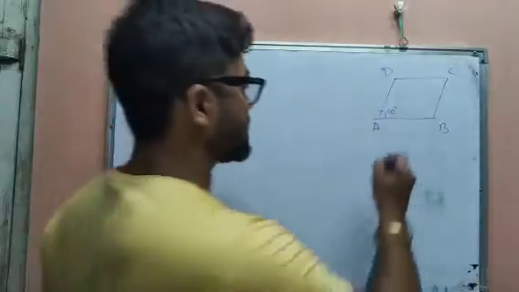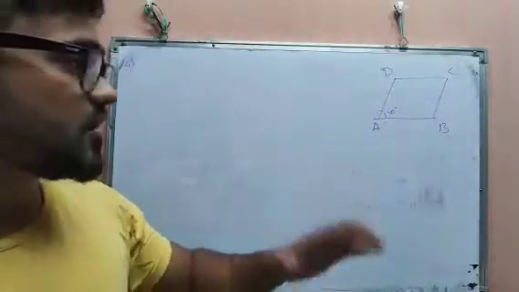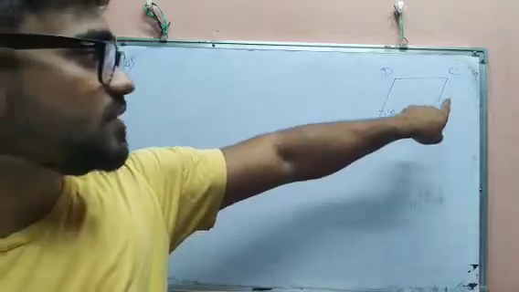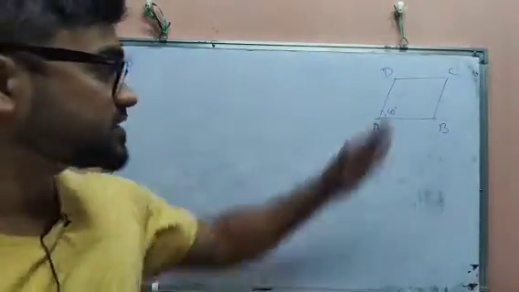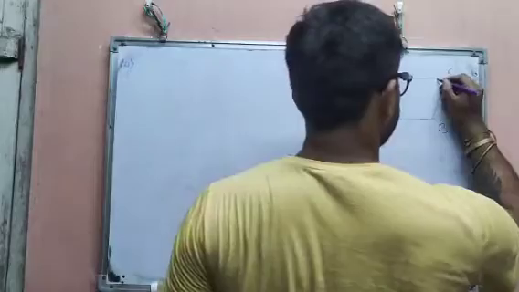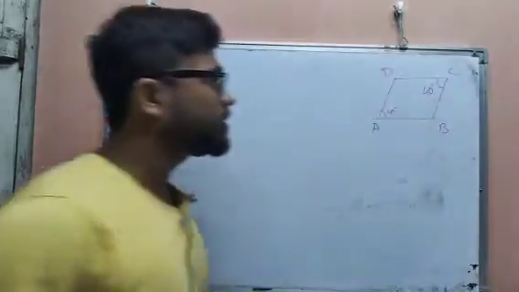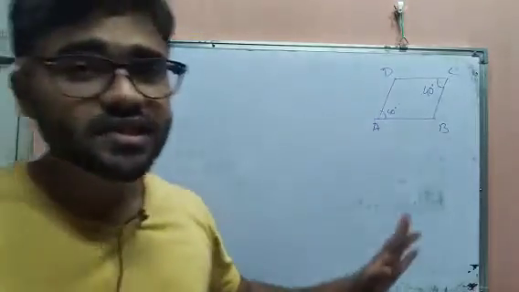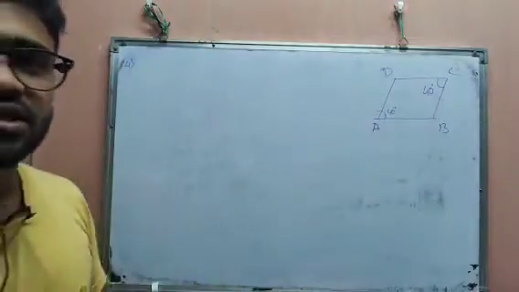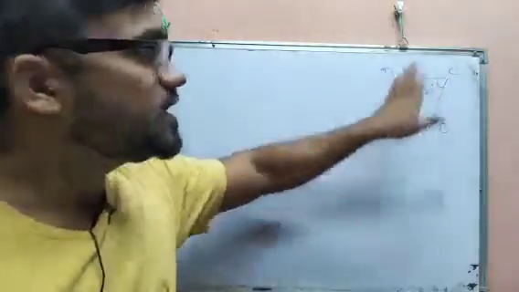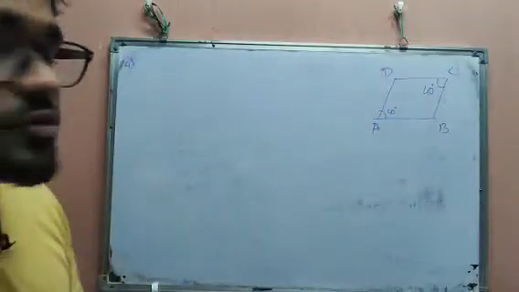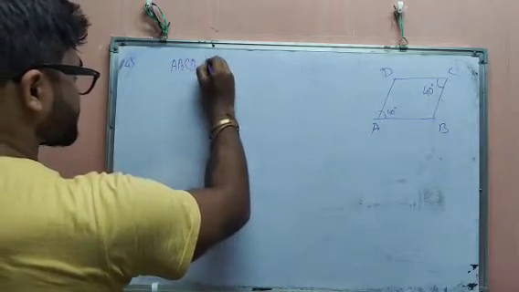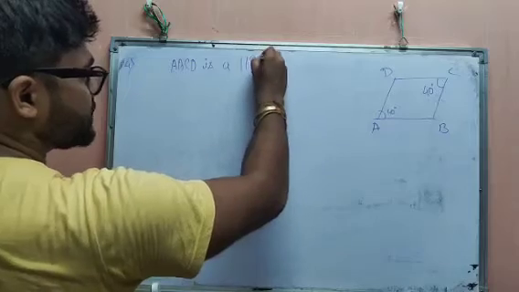Since this angle is 40 degree, we know the properties of a parallelogram that the opposite angle of A will be C. So C will also be equal to 40 degree. We got the value of A and C as 40 degree, but we still don't know the value of B and D. We know that B and D will be equal because these two are also opposite angles of a parallelogram.